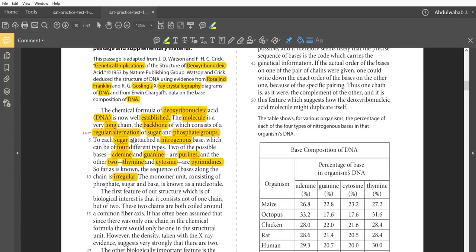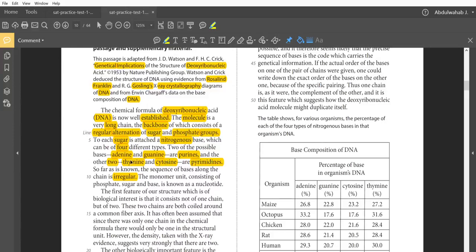Again, the backbone of the DNA consists of a regular alternation of sugar and phosphate groups, and to each sugar is attached a nitrogenous base, and this nitrogenous base can be of 4 different types. Adenine and guanine are called purines, and the other 2, thymine and cytosine, are called pyrimidines.